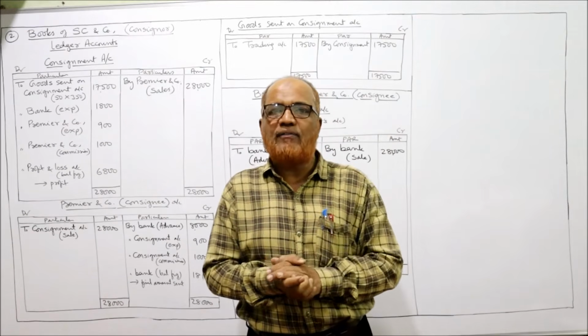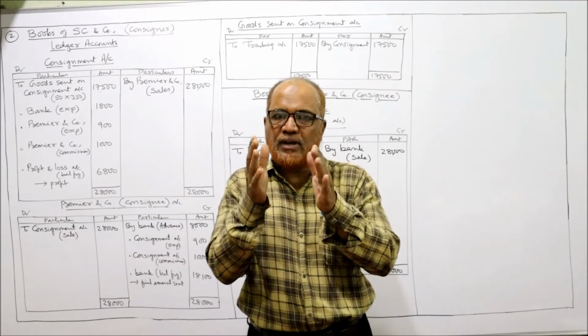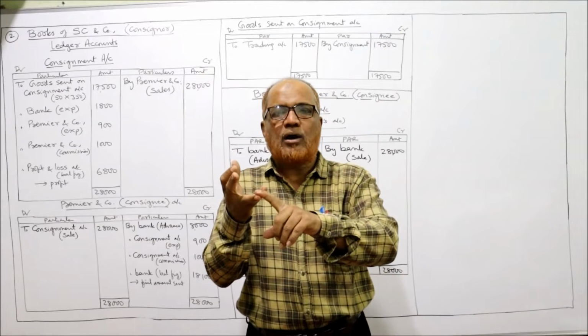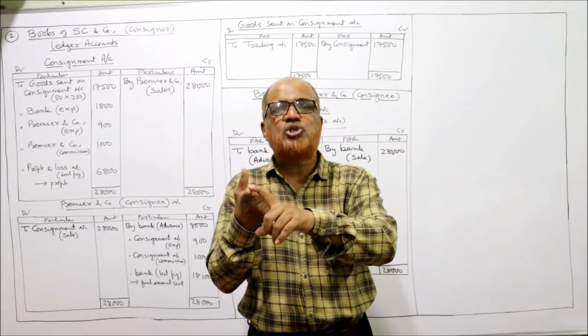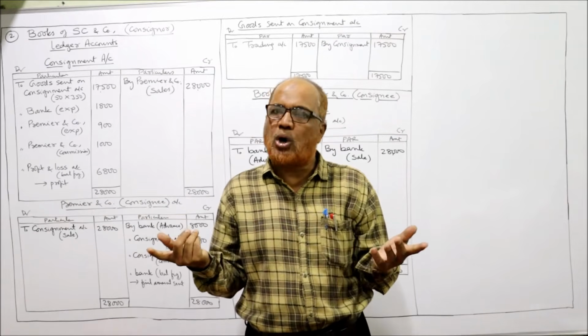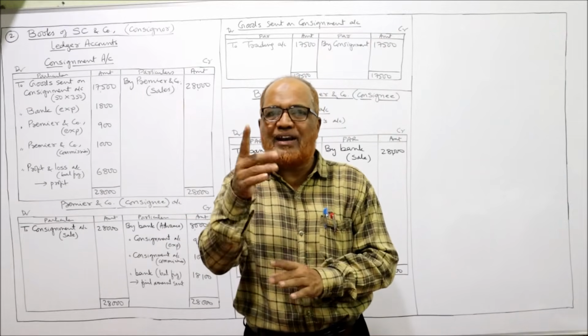In the theory video I explained that totally four accounts are there in the books of the consignor: consignment account, consignee's account, goods sent on consignment account and consignment stock account. But in this problem we don't have consignment stock, because all the goods are sold away and there is no unsold stock. So one account will not come.